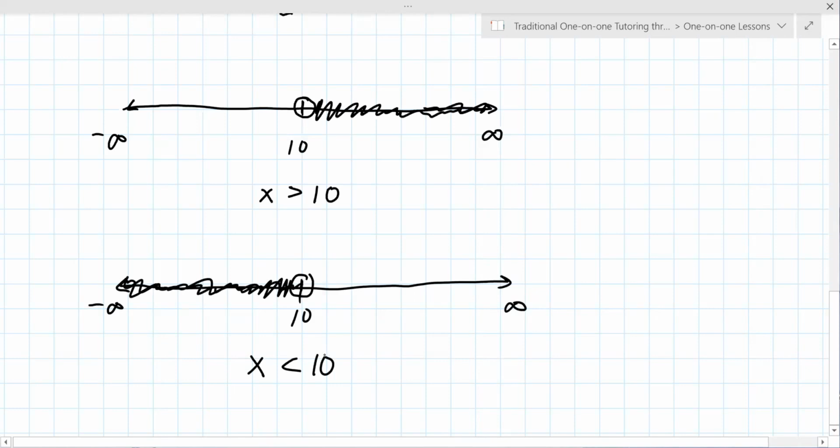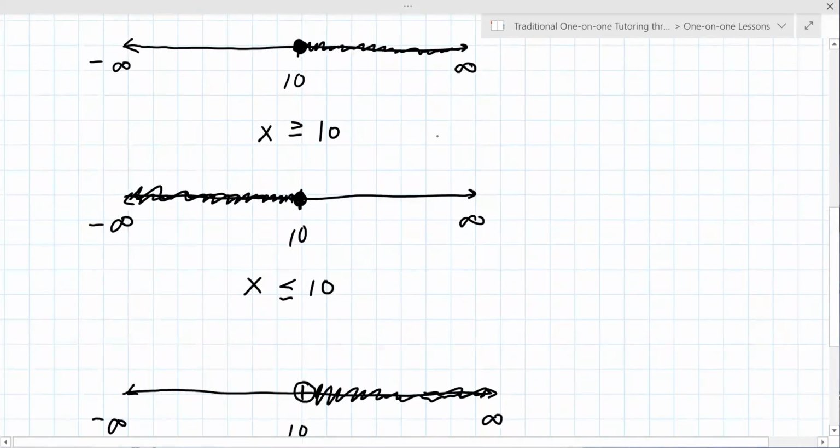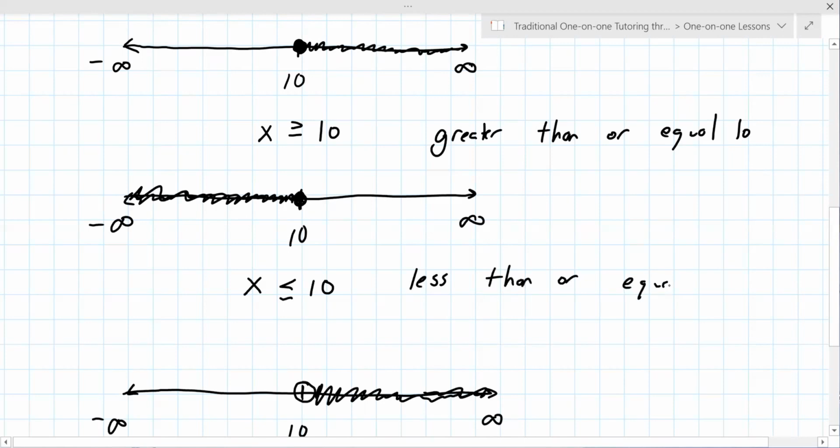I'm going to go back over these one more time. I'm going to put the words down. Greater than or equal to, that's what this symbol means here in the middle. This one means less than or equal to.